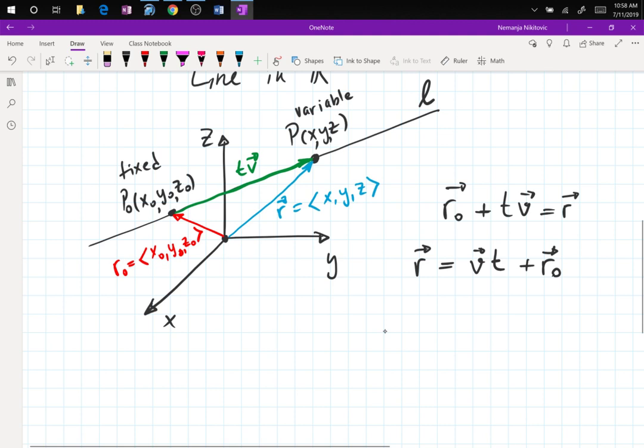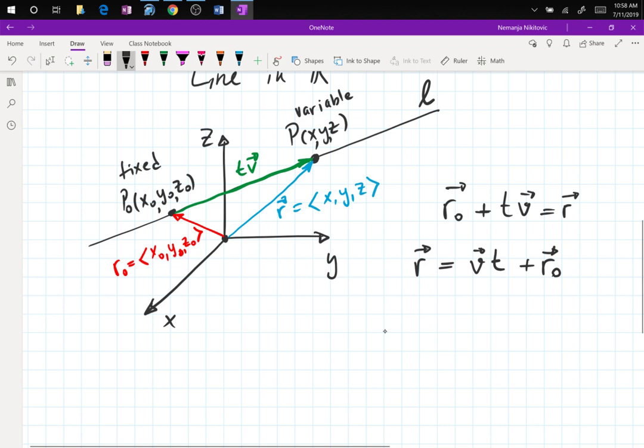So now, what is happening here? Well, each one of these vectors has 3 elements in them. And something you learn in linear algebra is that you can write your vectors as row vectors, which is what we always do in Calculus 3, but you can also write vectors as column vectors.